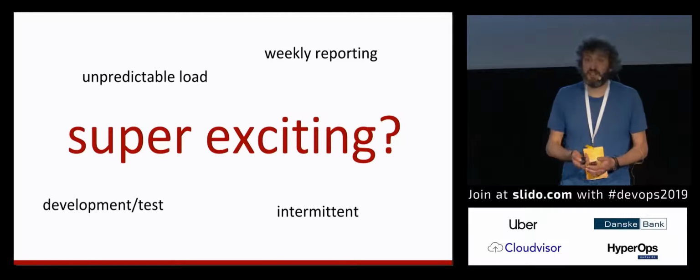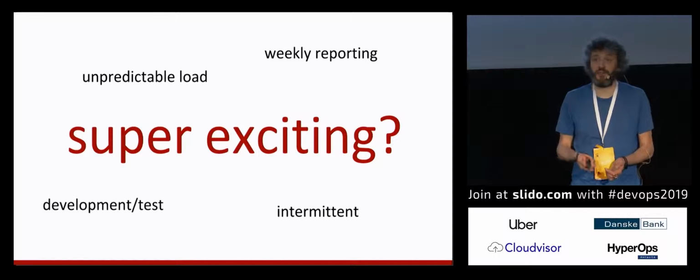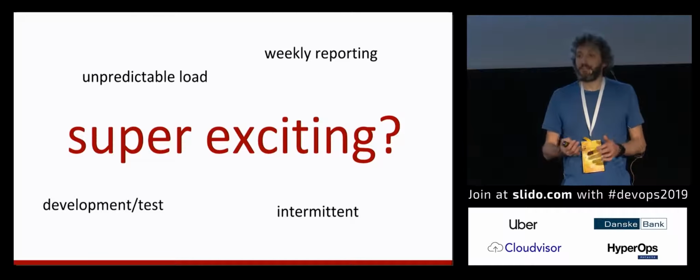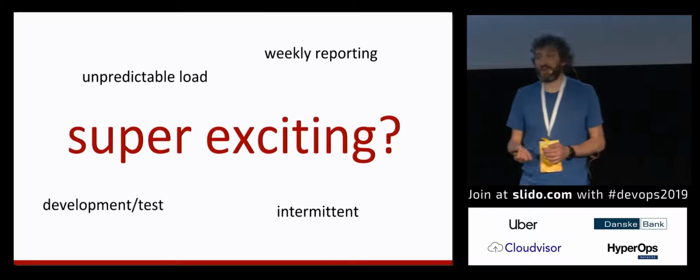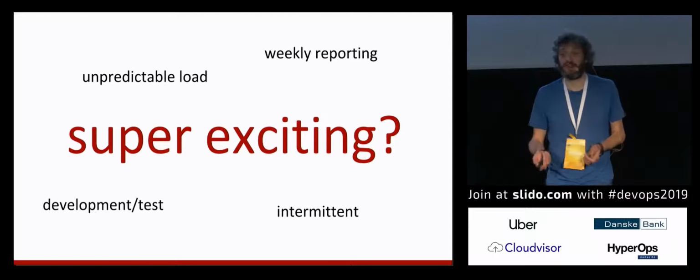Or generally an environment where you just need intermittent load. Of course, if you have a production database where the load is more or less predictable and not fluctuating so much during the day, well, there's not much advantage in using a serverless option of Aurora.